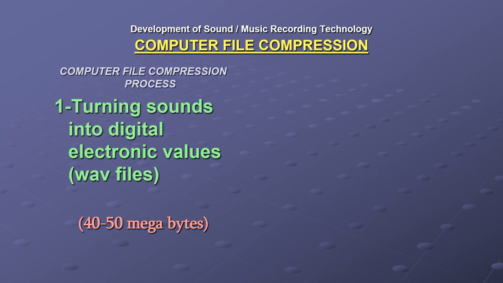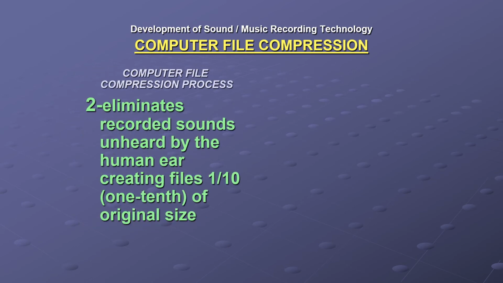So what engineers determined is that if you get rid of the data related to the sounds that we don't hear, you can reduce the file size as much as down to 1/10 of what the original file was.